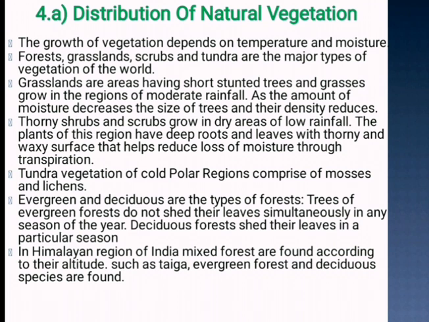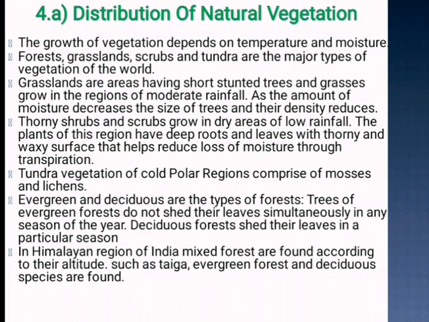Next, evergreen and deciduous are the types of forest. Trees of evergreen forest do not shed their leaves simultaneously in any season of the year. Deciduous forests shed their leaves in a particular season.